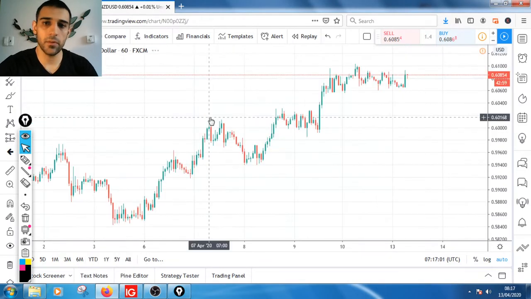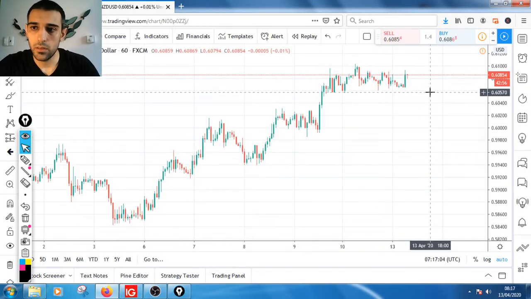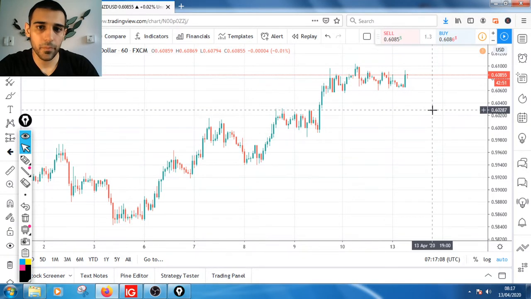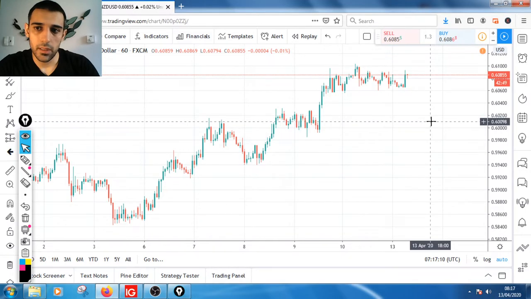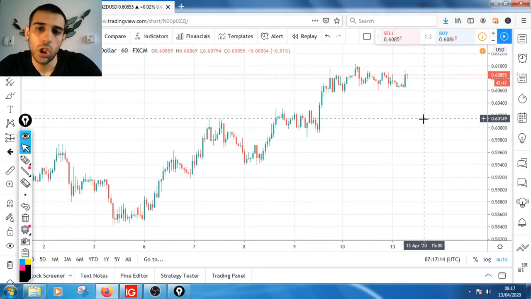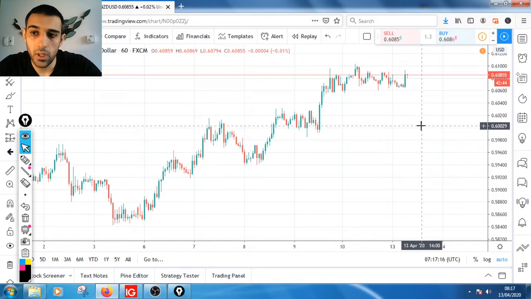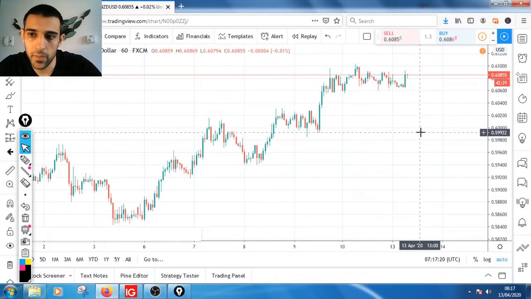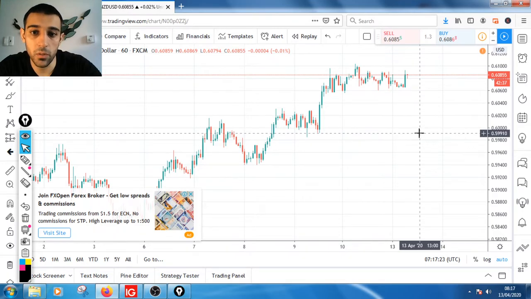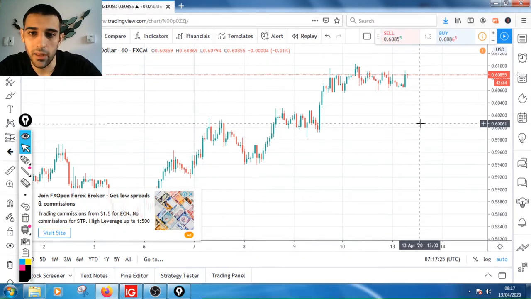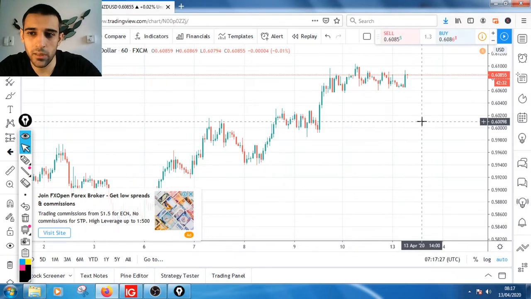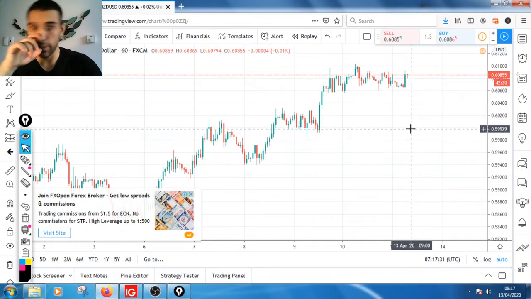So 60-30 down to this area. Actually, this one is going to need a longer stop than that. It might need 40 pips. A 40 pip stop loss would be good. I don't like 30 pips, so you're going to need 40 pips on that one.